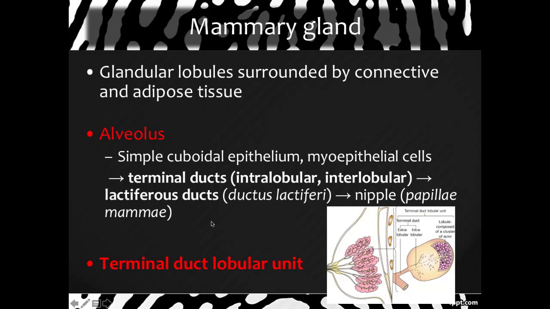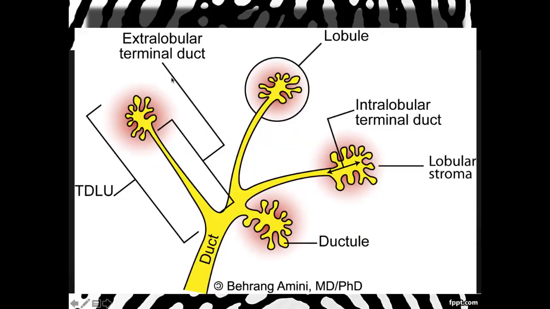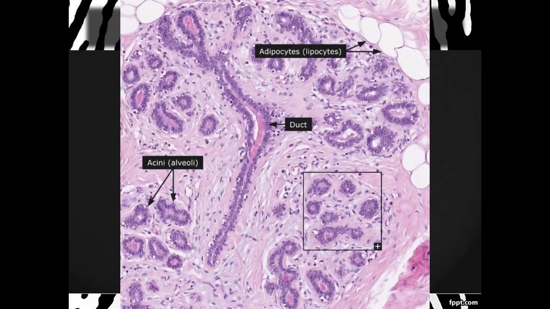Terminal duct lobular unit. It's very important because in this unit, about 95% of all carcinoma of the mammary gland arise. So this is how it looks like.